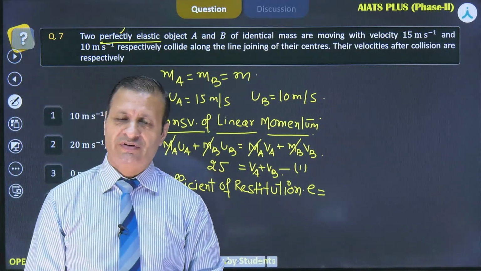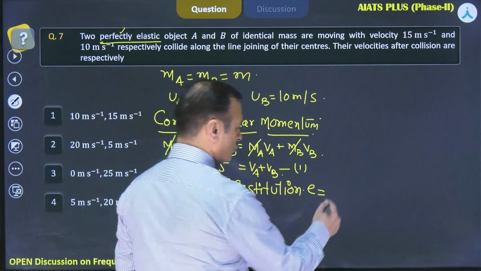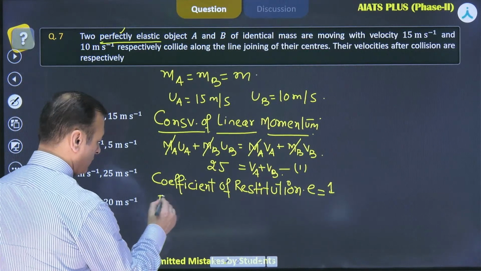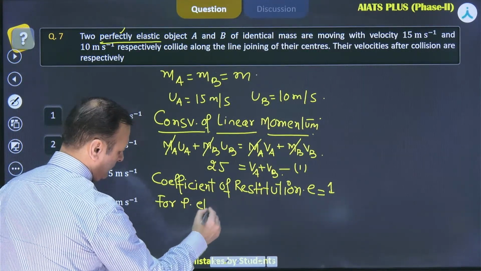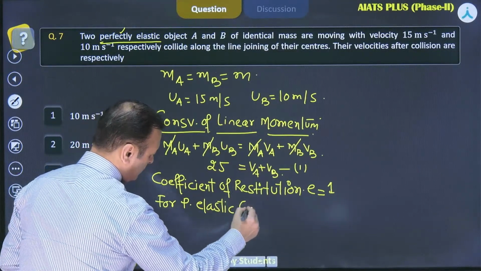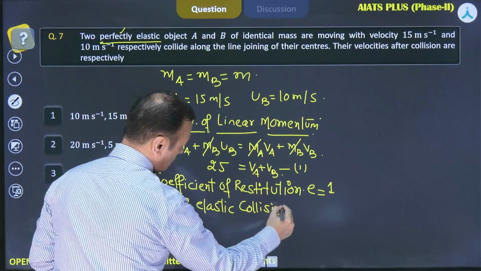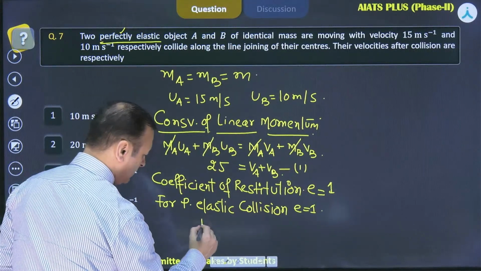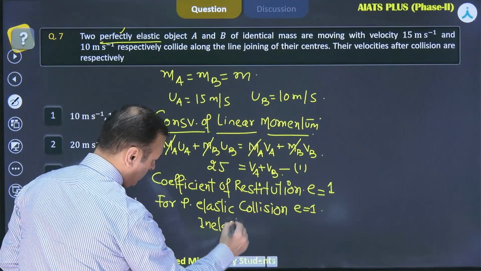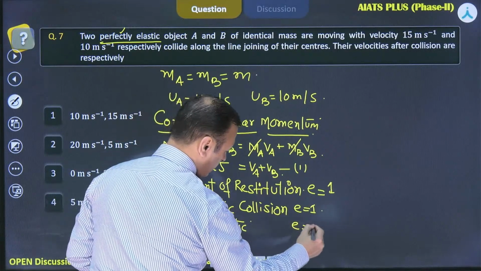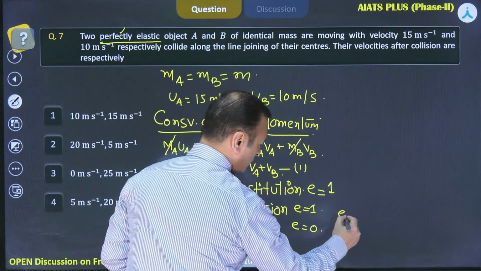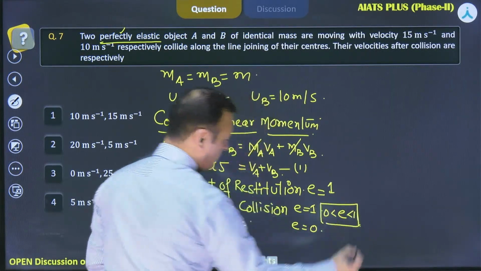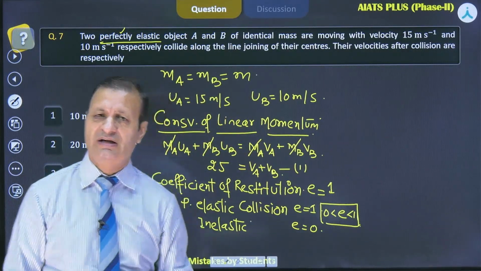So for the perfectly elastic collision, the value of E is 1, and for perfectly inelastic collision, we'll take E as 0, and for the real life situation, just for your understanding, it is 0 to 1, that is for the real life situations.